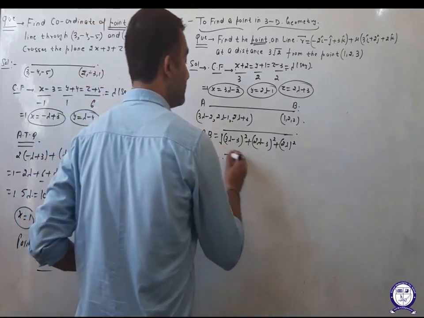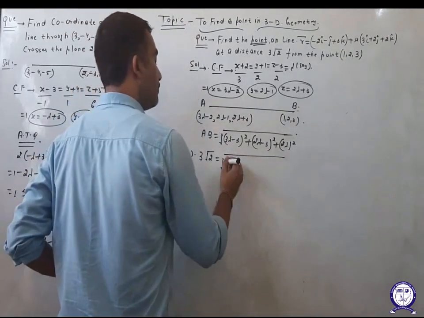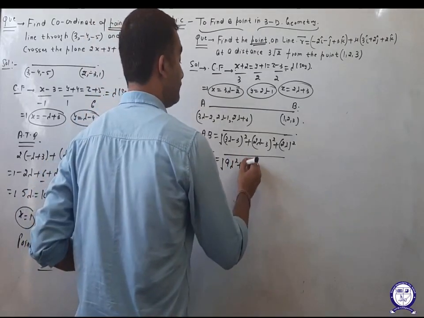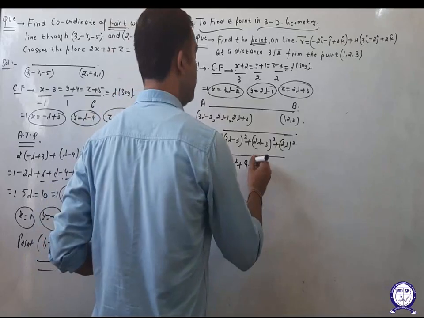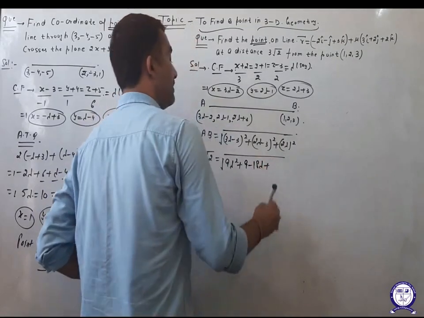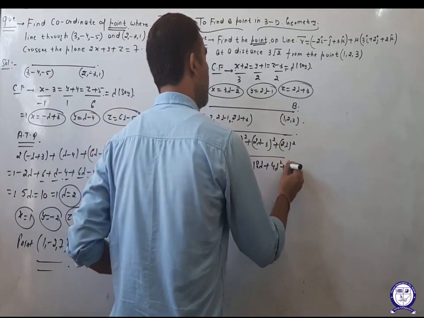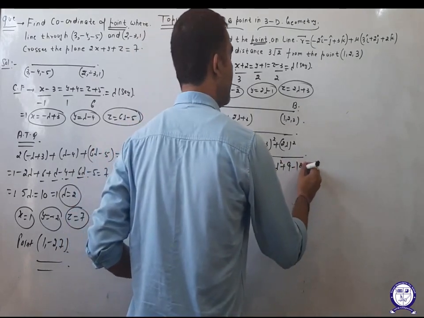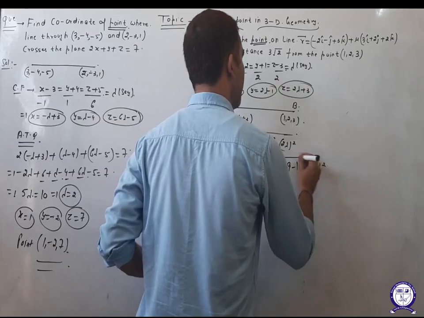Now, open the brackets using a square plus b square minus 2ab, plus a square plus b square minus 2ab, plus 4 lambda square.